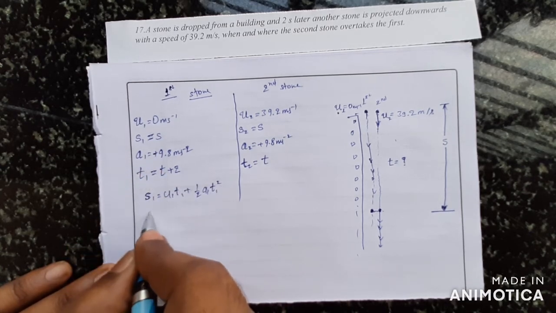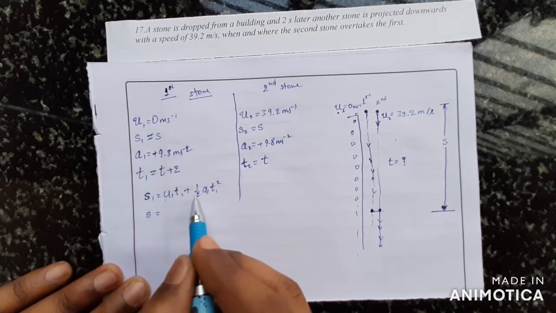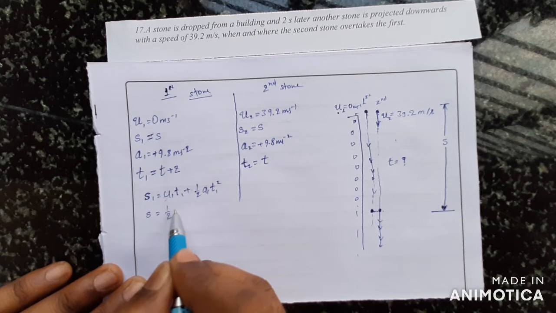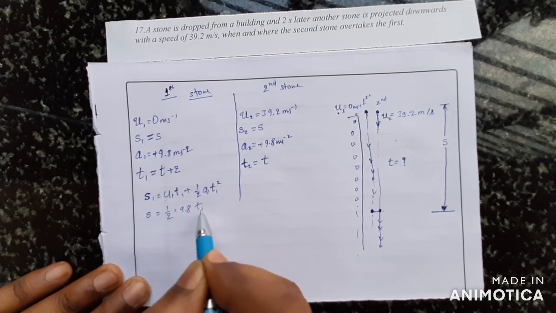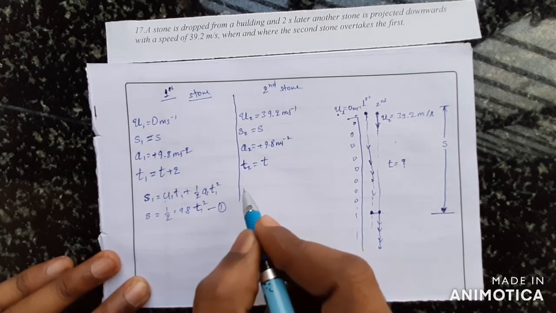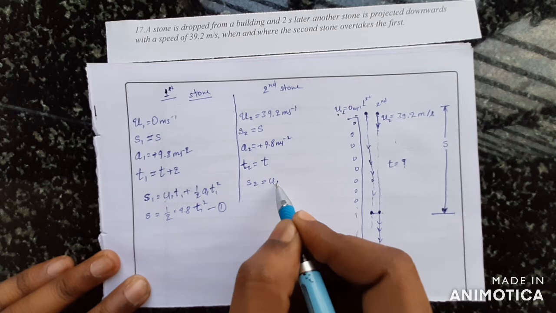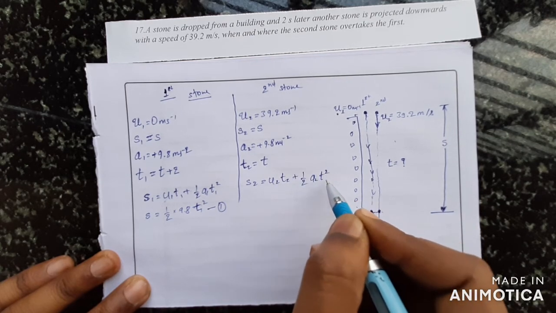What is s1 equal to? Yes. What is u1 equal to? 0. So this term goes away. Simply half a1 is 9.8 into t1 squared. Okay, this is one equation. And here s2 is equal to u2 t2 plus half a2 t2 squared.